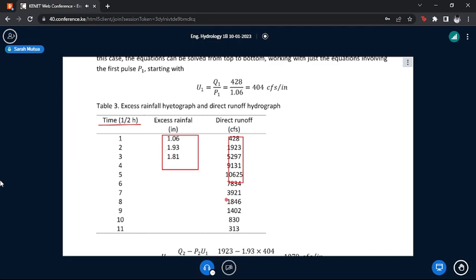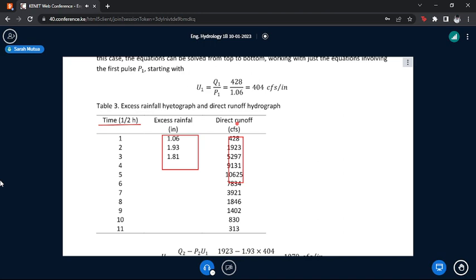For example, what we generate from this data is a half-hour unit hydrograph. You can also develop a 1-hour unit hydrograph. And even from this half-hour unit hydrograph, using the principle of, there is a solution that the multiple of this solution is also an answer. I don't know whether it is superposition or whatever.